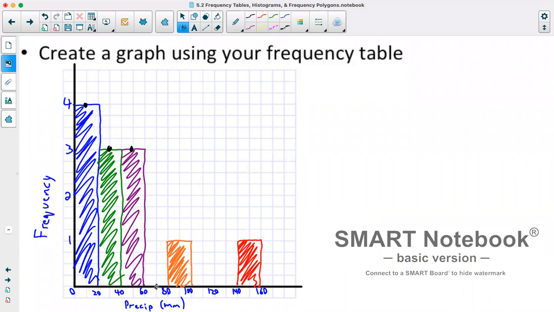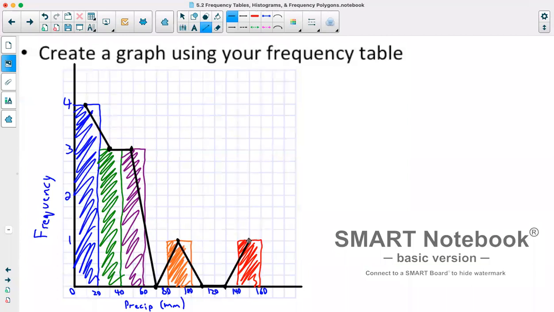This one didn't have anything, so we're down here. This one would be here, this one's here, this one's here, and this one's here. If we were doing our frequency polygon, we'd then just join these. And that would be our frequency polygon.